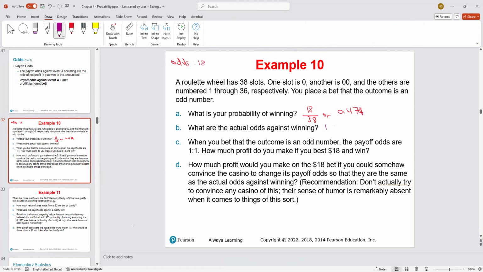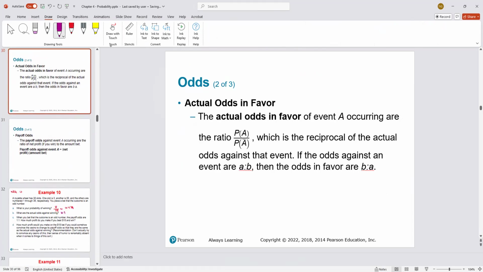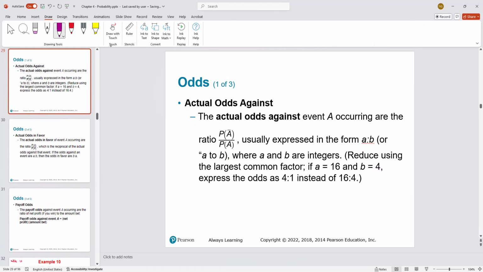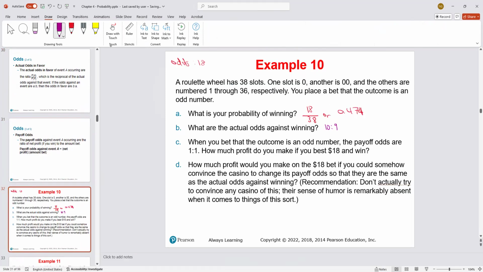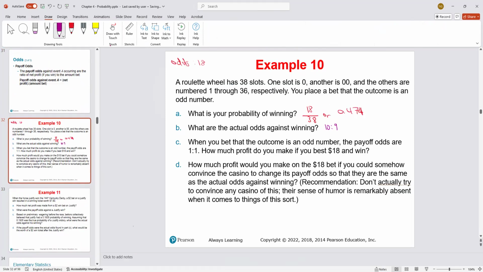Probability 10, 9. So how do I find it? Remember, the odds against is the probability you don't win over the probability you win. So if you take the probability you don't win, because now you know the probability you win, what is the probability you don't win?